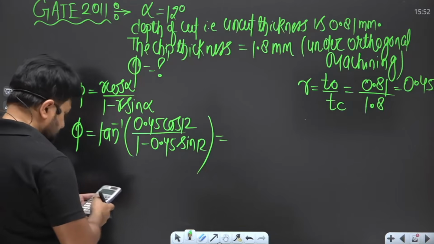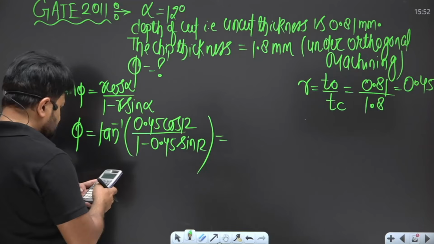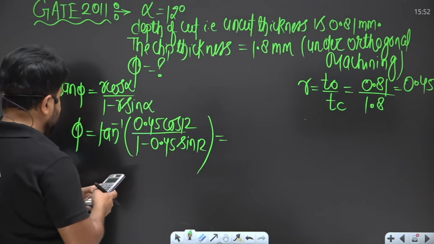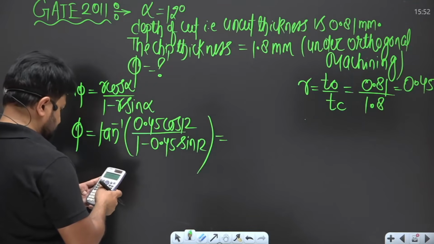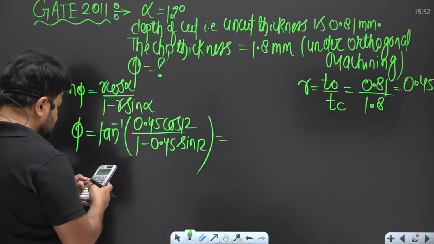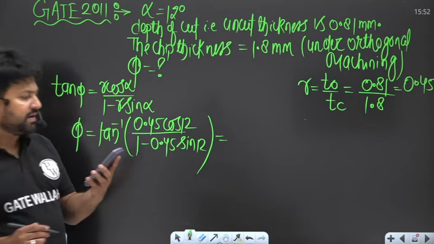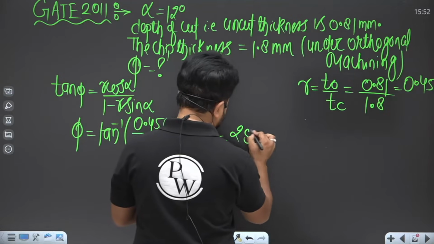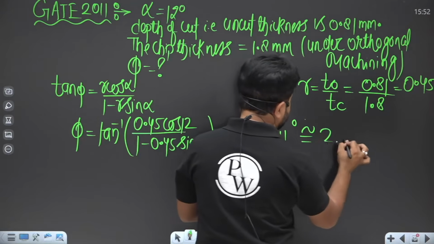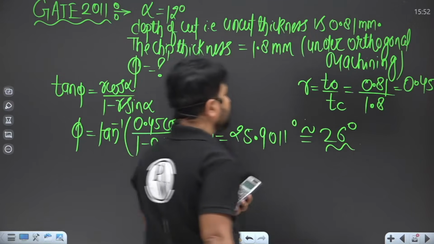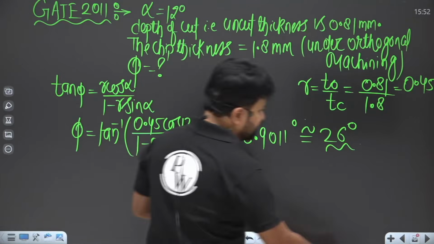Using the calculator and shift tan inverse, it comes to 25.9011 degree. So approximately it is 26 degree. It's a very simple question.